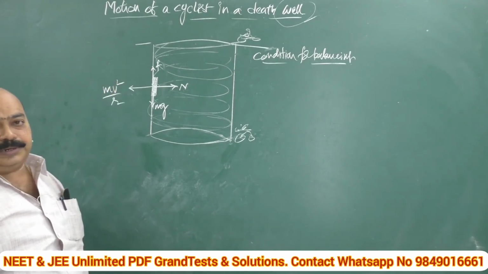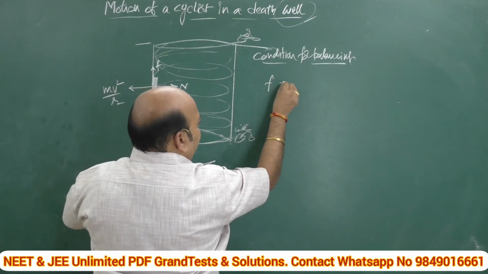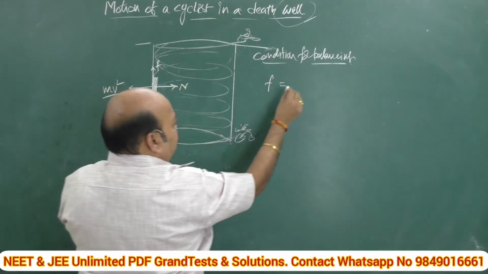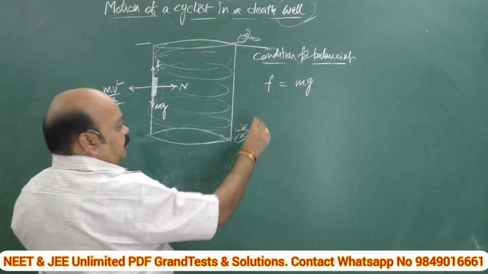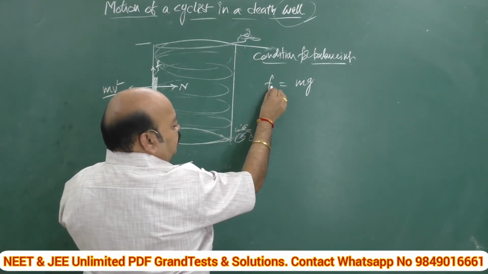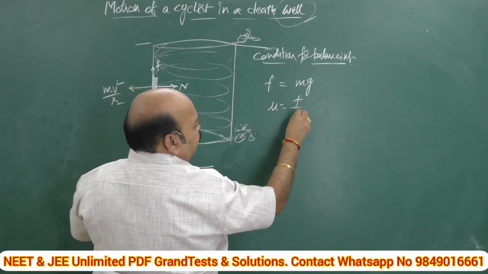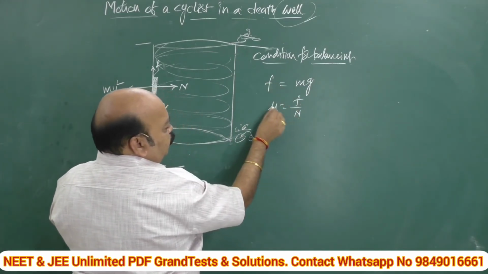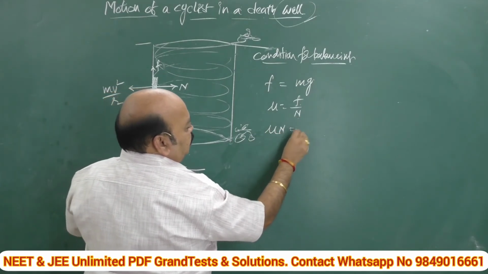Now see, the upward force F is equal to the downward force mg. From the definition of the coefficient of friction, mu is equal to F by N, which implies F is equal to mu N. So mu N is equal to mg.